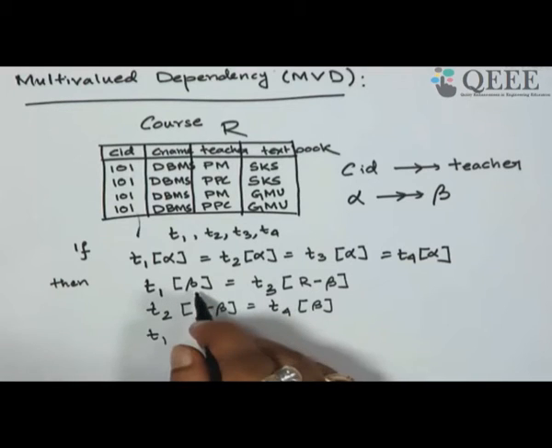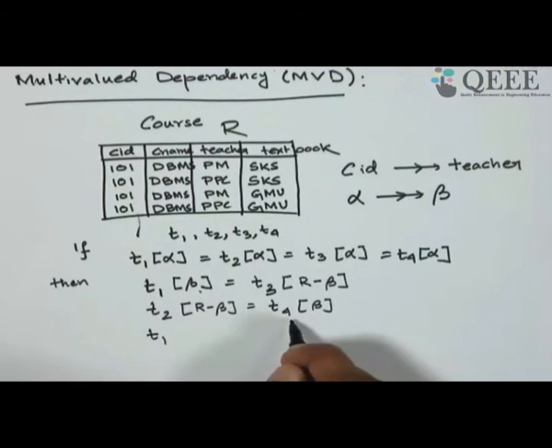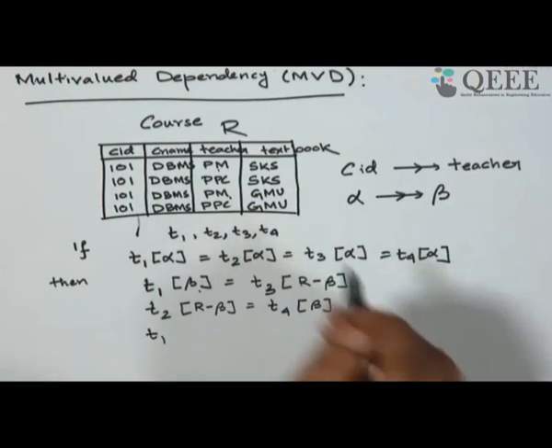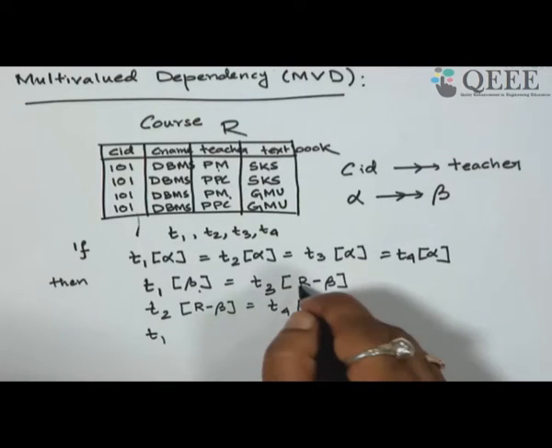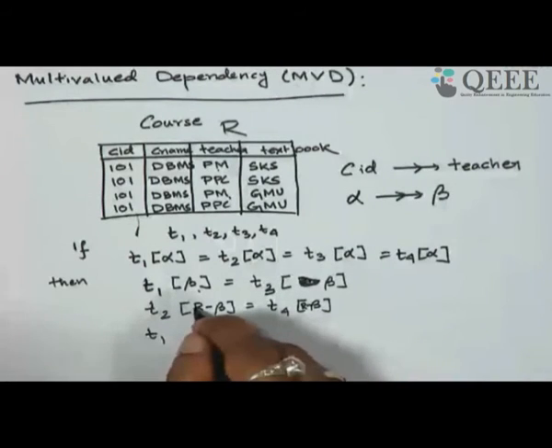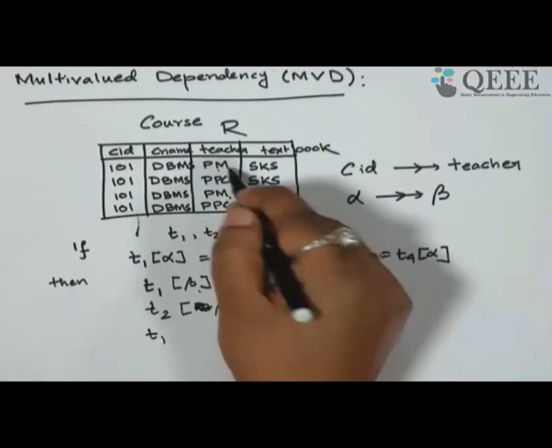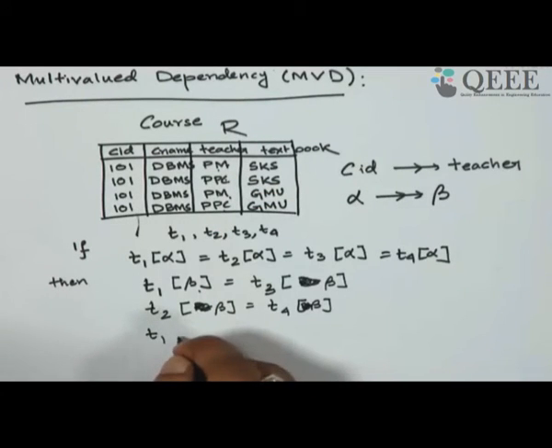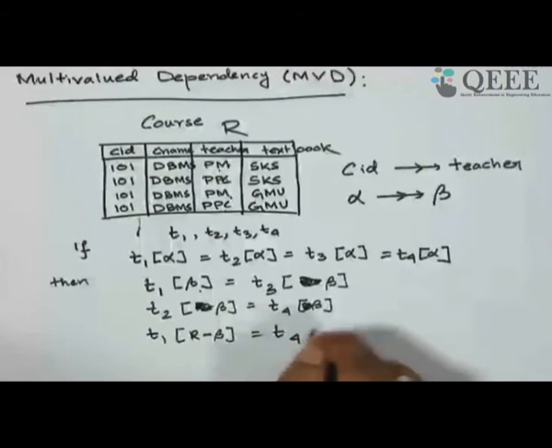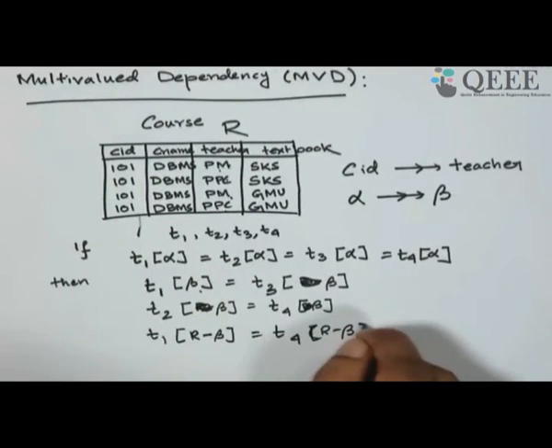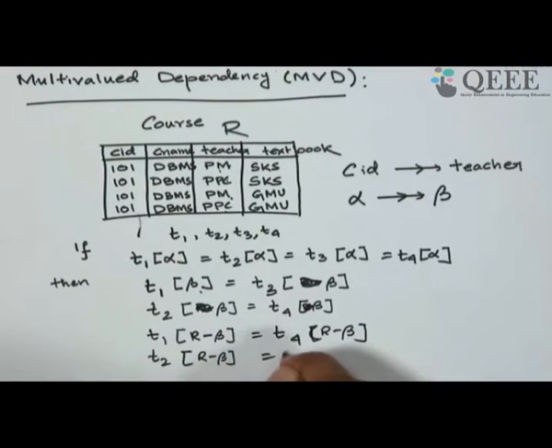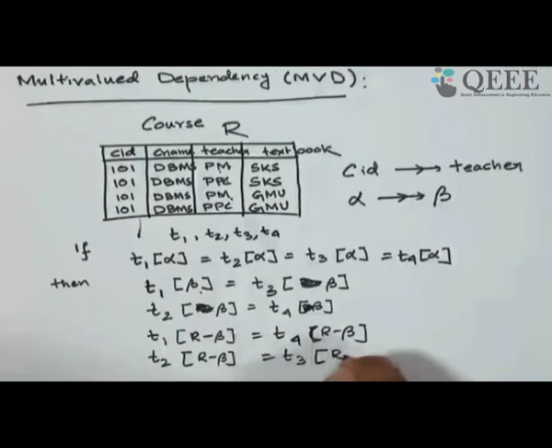So, there is this cross, this beta part of T1 should match part of, so this should match T3. If this matches T3, sorry, if T1 beta equals T3 beta and T2 beta equals T4 beta, if this matches this and this matches this, then T1 R minus beta has to match T4 R minus beta, and T2 R minus beta has to match T3 R minus beta.